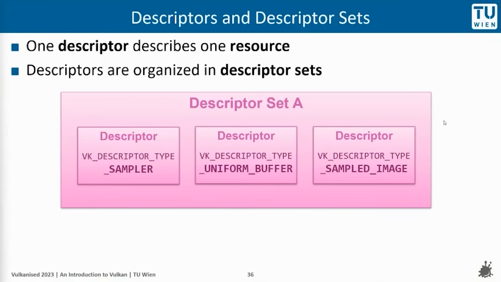So in this case, we would have one sampler, one uniform buffer, and one sampled image descriptor in the same descriptor set. These all have to have different binding numbers, so we can address the right resource in shaders.